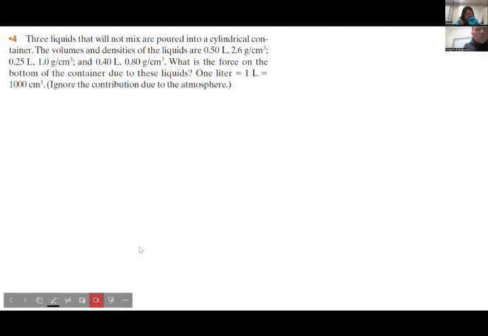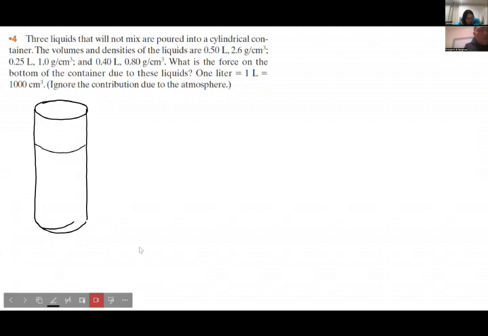So if you just draw the picture of this container with three different liquids, that cylinder has three liquids with different masses, M1, M2, and M3.